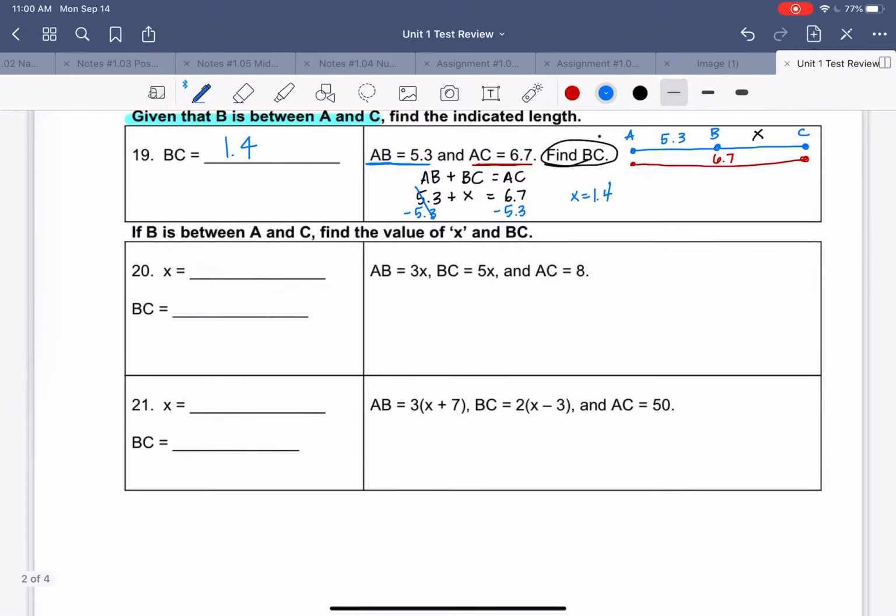All right, same thing for number 20 and 21. Okay, but I'm going to kind of start you on number 21. It's the same picture. It says that if B is between A and C. So the key is to draw your picture.